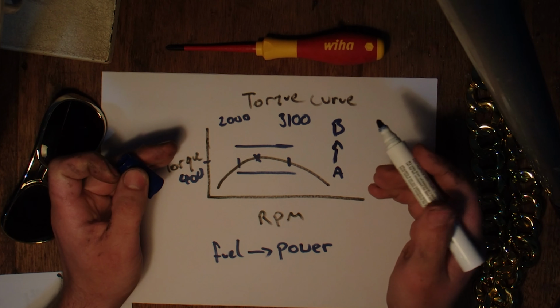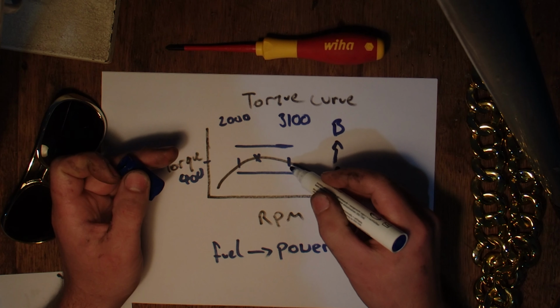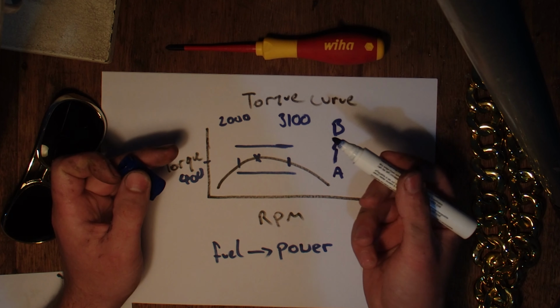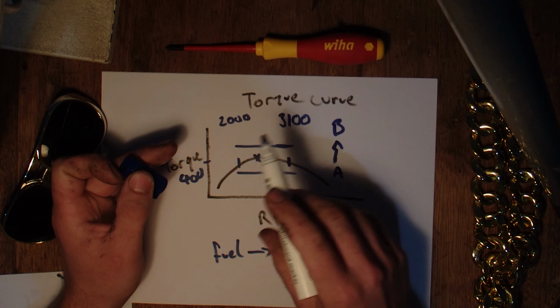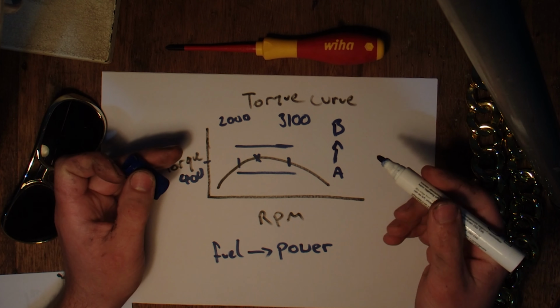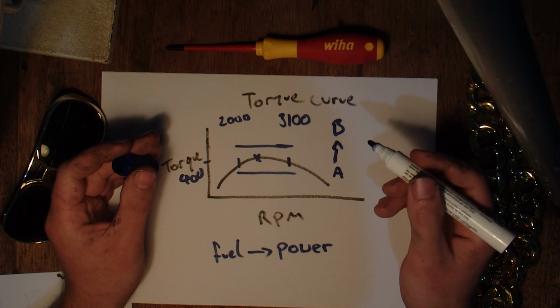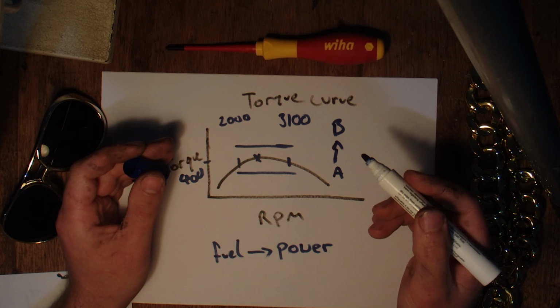I know from the curve that at low RPM I'm not making power efficiently. The engine's hardly keeping itself going, and at high RPM I'm just wasting energy spinning the engine for no reason.